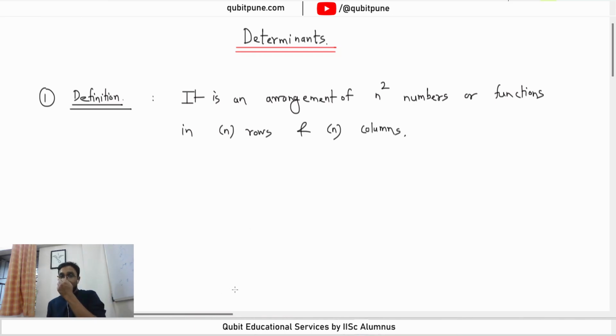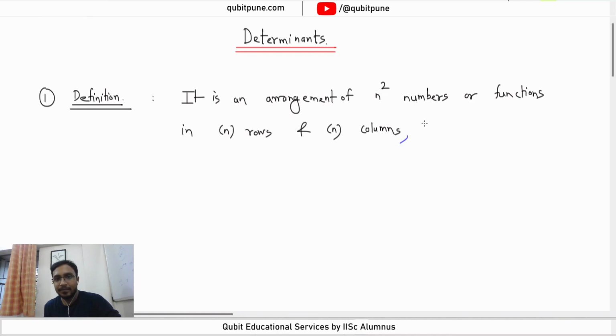Okay, it is an arrangement of n squared numbers or functions in n rows and n columns, but till this part of the definition of determinant, we find that this is common with that of a matrix. So what addition should I make to this definition so that it will become the definition of determinant and no longer remain the definition of a square matrix? Anyone?